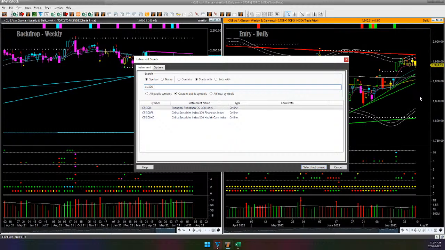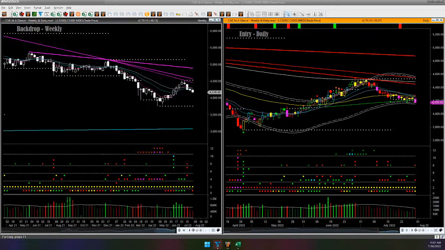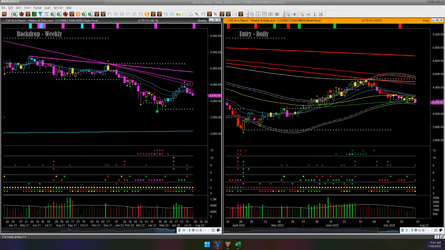China market CSI 300. Let's look back again. In the previous recap, price was near this trend line support, and I mentioned exactly this, that if the trend line support is broken, I look for shorts.